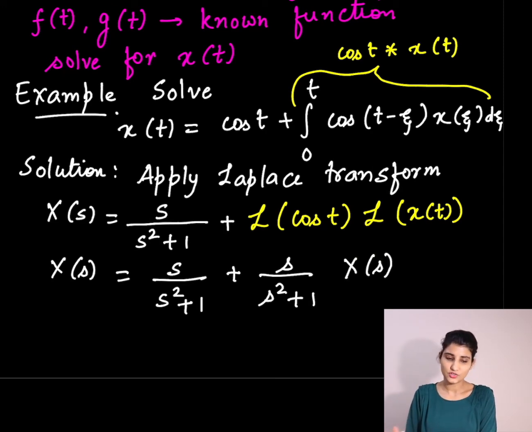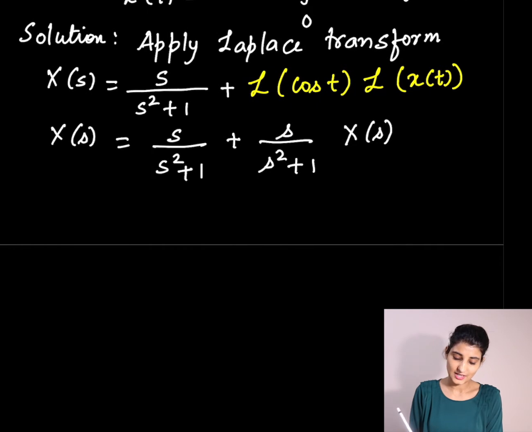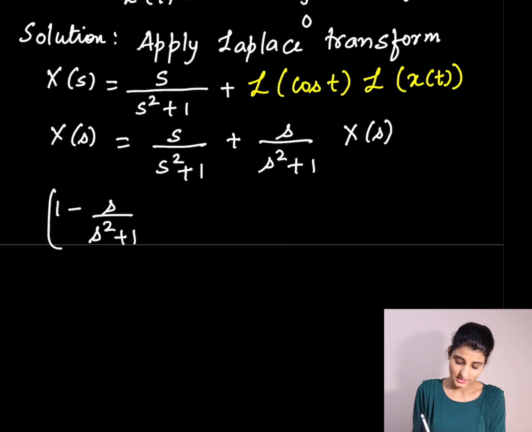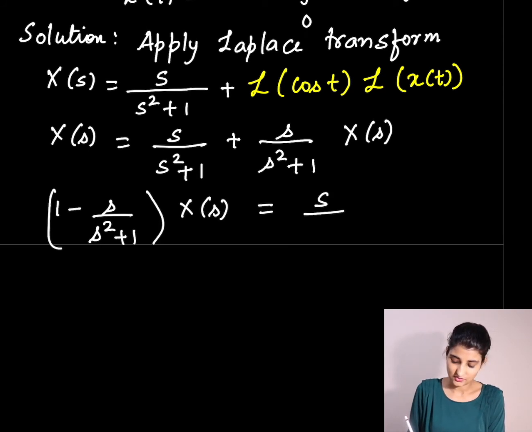We want to solve for X(s), so we move the second term to the left hand side. So 1 minus s divided by s square plus 1, times X(s), is s divided by s square plus 1.